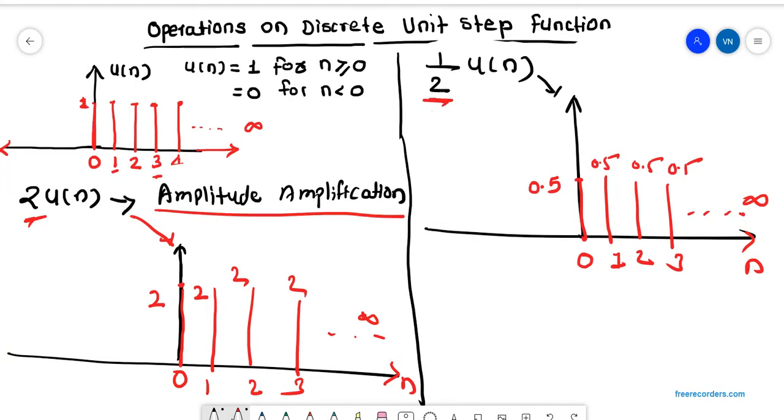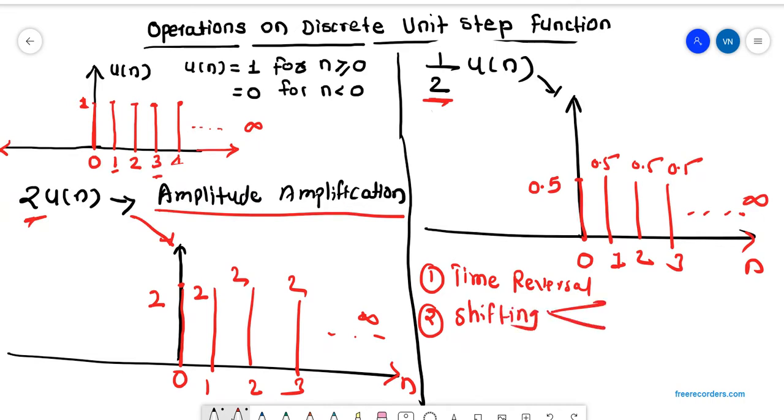So these are the different operations. We have taken time reversal, then we have discussed shifting. In shifting we have two types, one is delay and one is advance shifting. The third one is time, and the last one is amplitude.